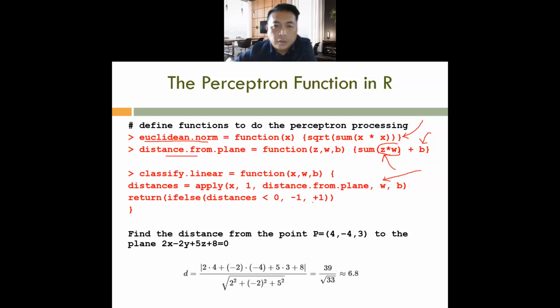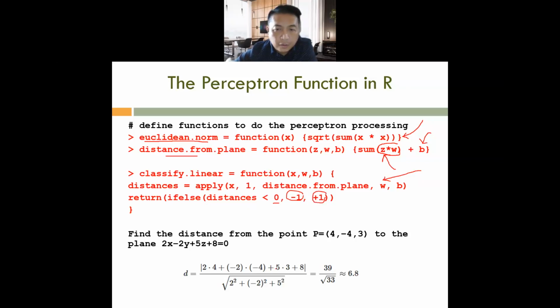So over here, if the distance is less than 0, that means they are negative. If they are equal to 0 or greater, they are positive.